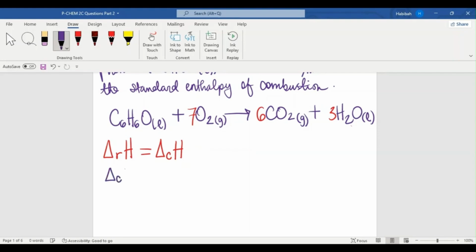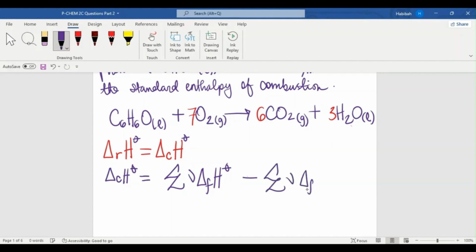The standard enthalpy of combustion is equal to the sum of the standard enthalpy of formation, minus the sum of the standard enthalpy of formation as well. You may be wondering why we are subtracting the same thing.